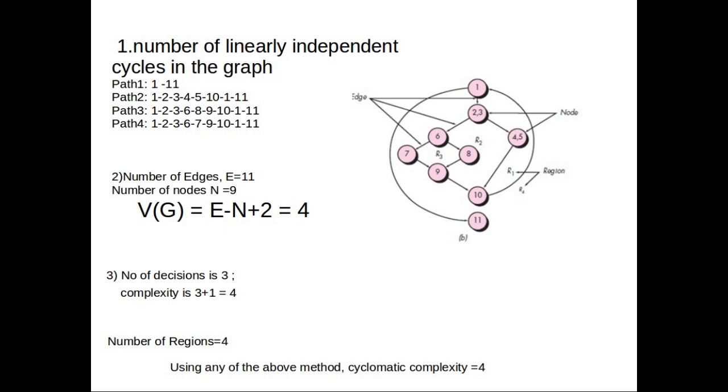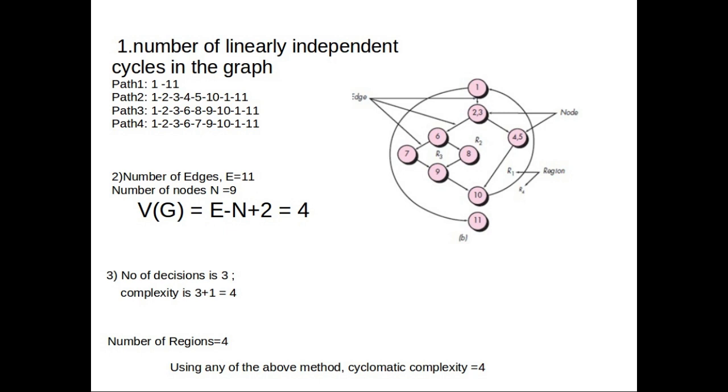It should be noted that the basis set is not unique. In fact, a number of different basis sets can be derived for a given procedural design. How do we know how many paths to look for? The computation of cyclomatic complexity provides the answer.